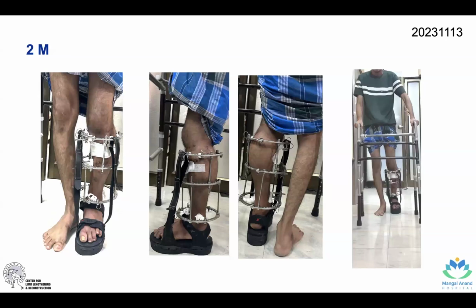One of the pins is from anterolateral to posteromedial and one is from anteromedial to posterolateral. To a large extent, most of the problem, I think, comes from flexion extension forces when you put in only wires. So to counter that, we have these two pins.